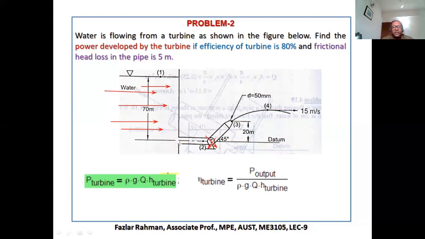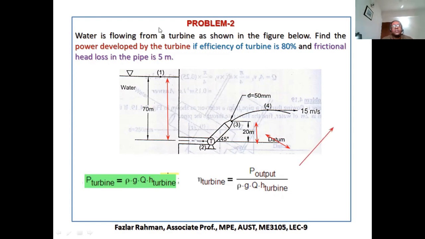So you see from here the height of point 1 is given. Height of point 1 is 70 meter. And the height of point 3, if you take the datum over here, is 20 meter. You can take the datum anywhere. And now there is one thing: this nozzle is making 45 degrees.